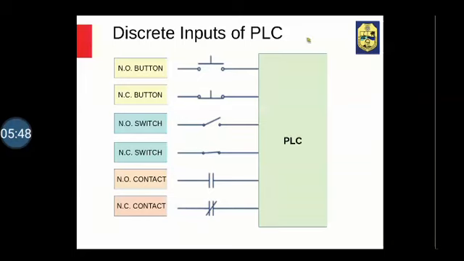So normally the push buttons, then switches and contacts are supposed to be discrete inputs of the PLCs, and these inputs can have either normally open condition or normally closed conditions. So these are various symbols identified for various discrete inputs of PLCs.